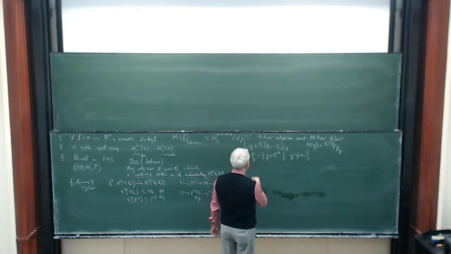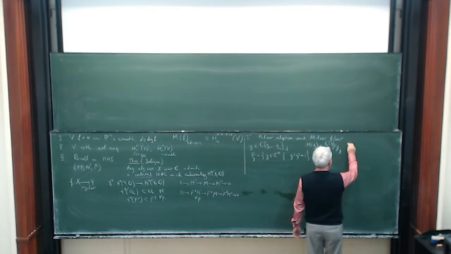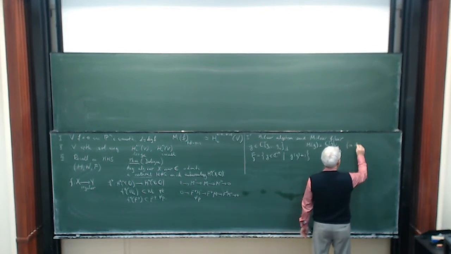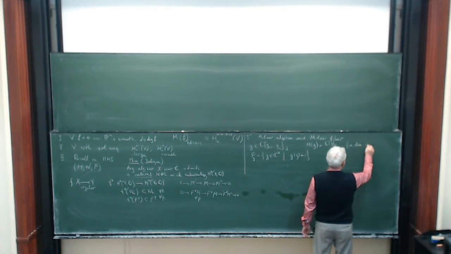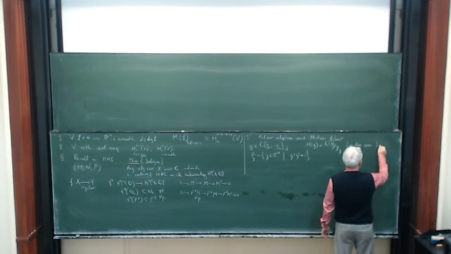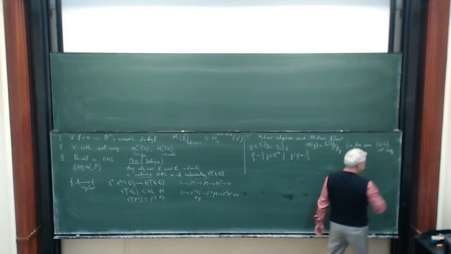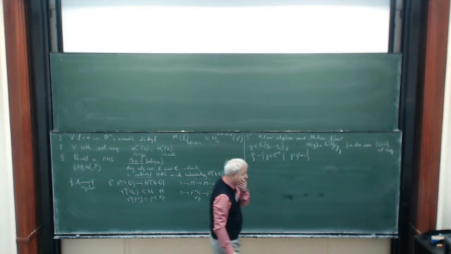And I will assume that this is finite dimensional, which is equivalent, as you have seen, to the fact that G equals 0 is an isolated singularity. Right?